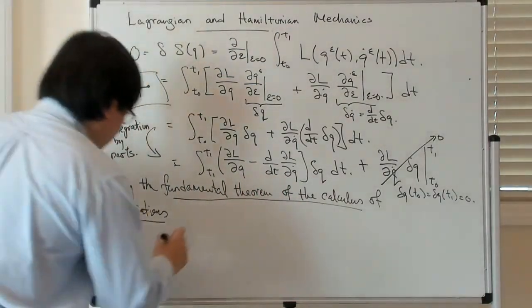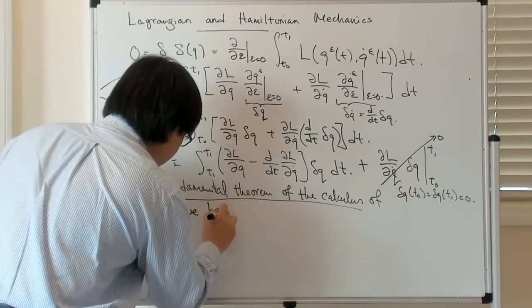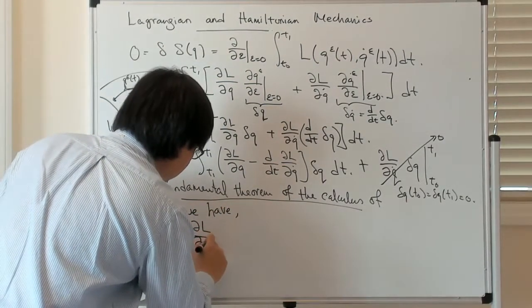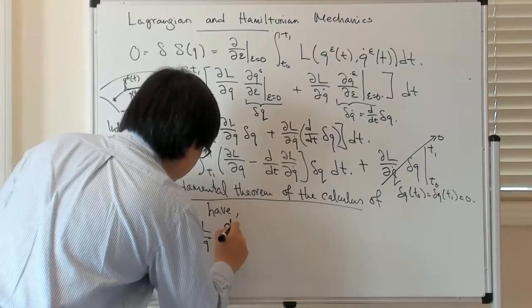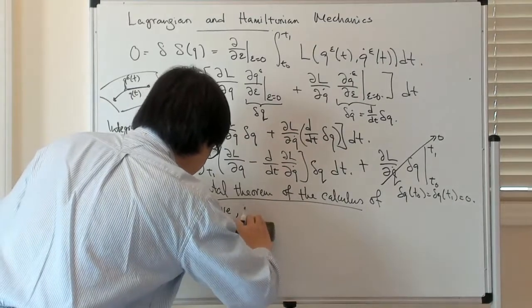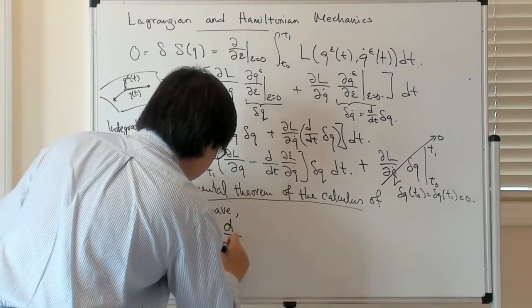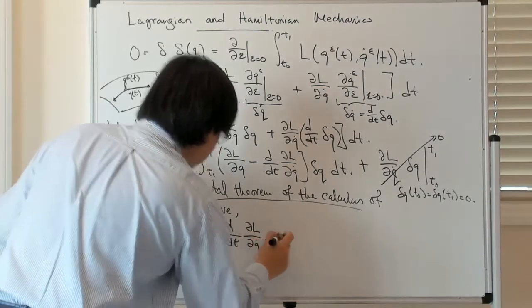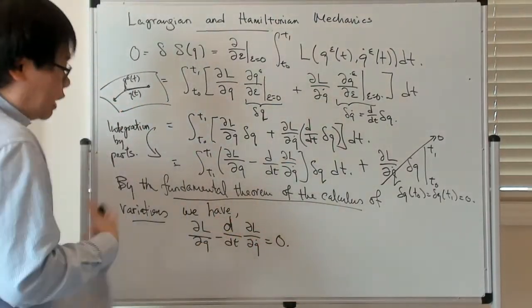So we have that dL/dq minus d/dt of dL/dq dot is equal to 0. And then obviously the converse is also true.